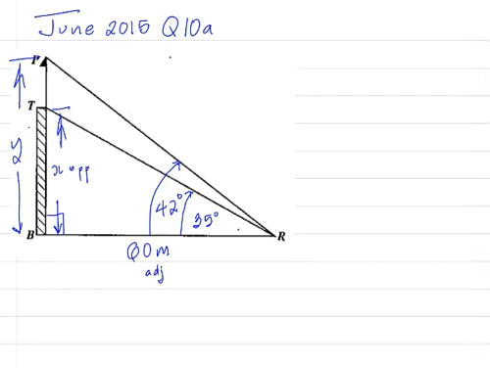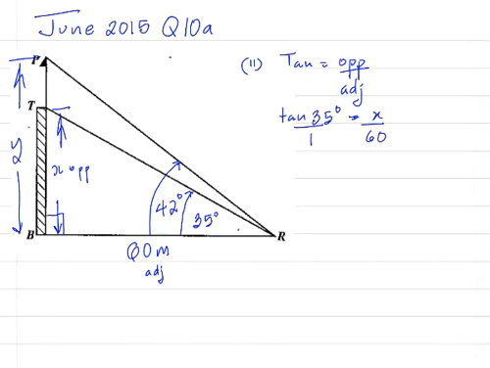Now the trig ratio that includes opposite and adjacent is tan. So tan is equal to opposite over adjacent. Then the tangent of 35 degrees is equal to opposite X over adjacent 60.